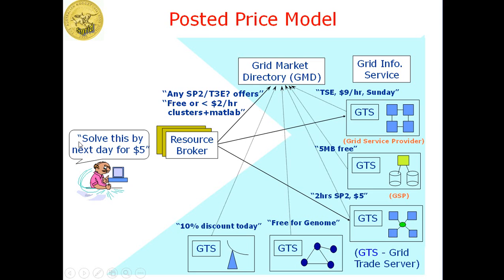For example, solve this by next day for $5. This request sets a deadline for the job execution. The deadline is next day for this application that the client has requested.